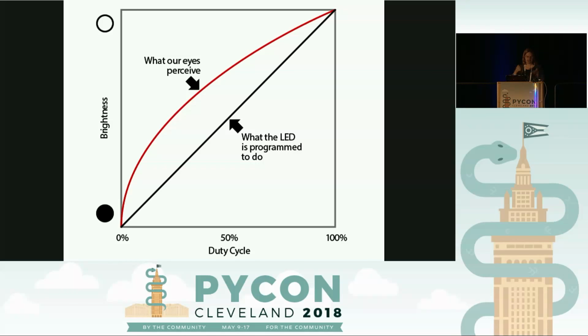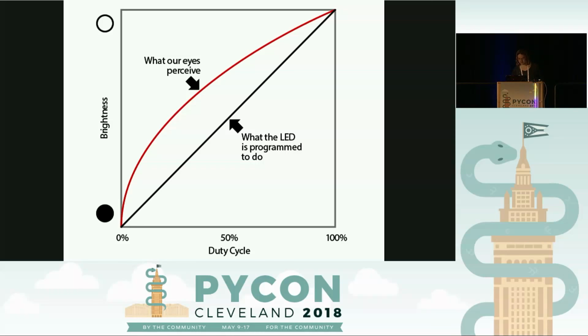I can be in a room with a candle and see pretty well. Then I can go outside into the daylight, and I won't have my eyes explode, because we just take everything and put it on a log scale. So you'll see a dim light as brighter and a bright light as dimmer, which means that if you do a naive for loop and just slowly increase the brightness, it's not going to look right.